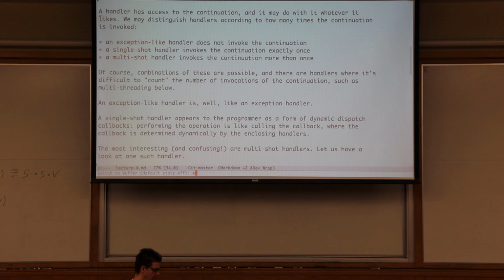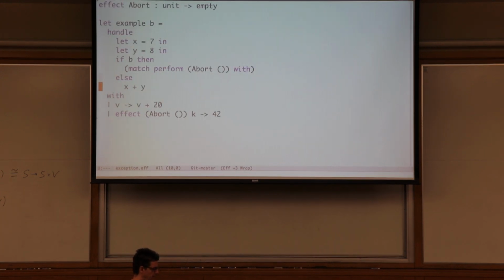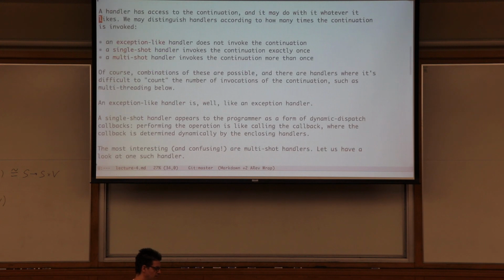Like the exception handler here, it gets the exception, but it doesn't use the continuation at all. Let's say that's an exception-like handler. Actually, it is an exception handler, so it's not going to invoke the continuation at all. Another possibility is that it invokes the continuation exactly once.